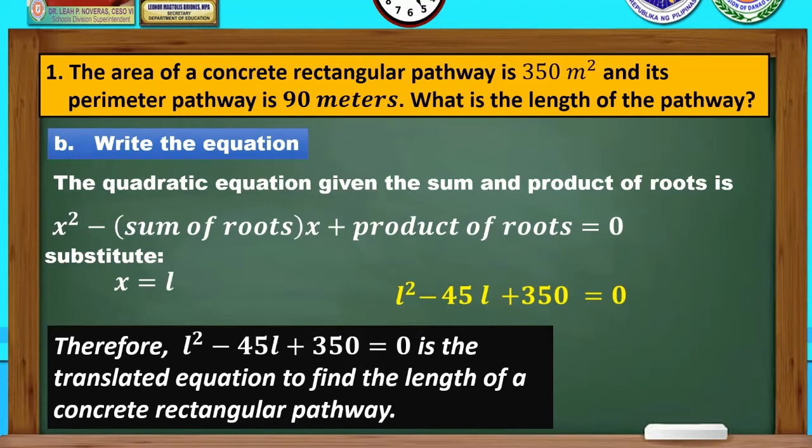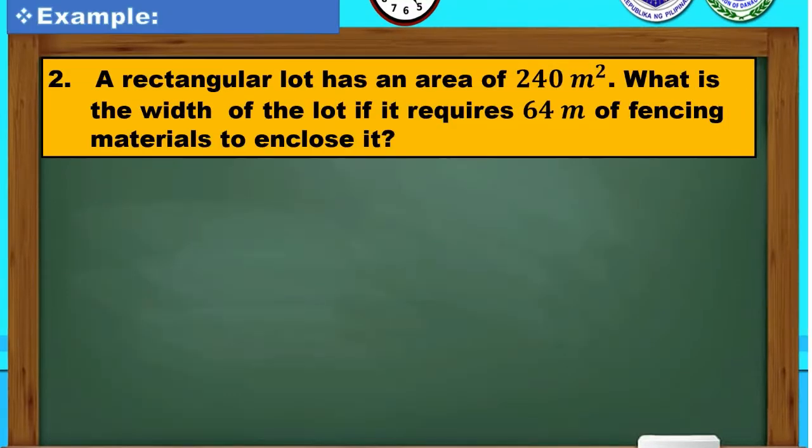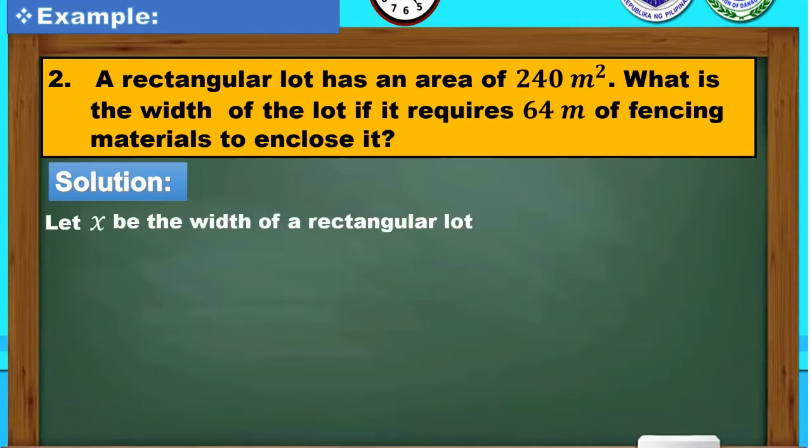Second situation. A rectangular lot has an area of 240 square meters. What is the width of the lot if it requires 64 meters of fencing materials to enclose it? Solution: let x be the width of the rectangular lot.